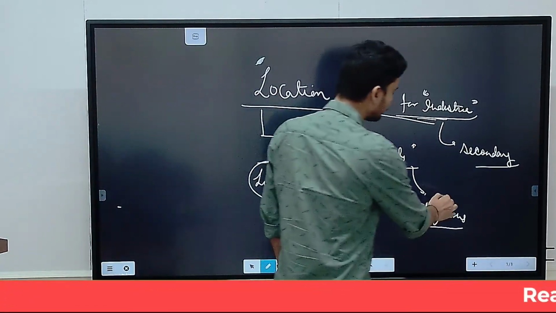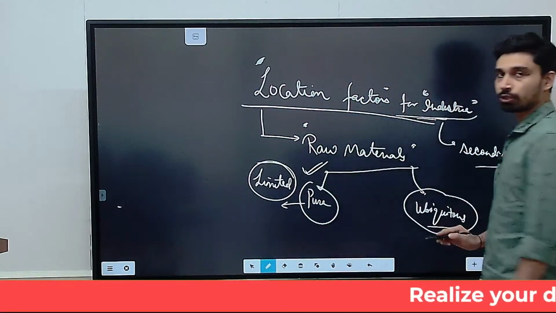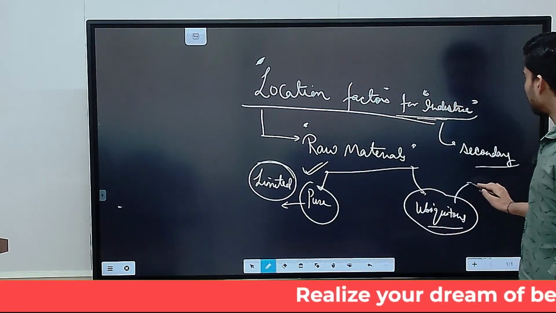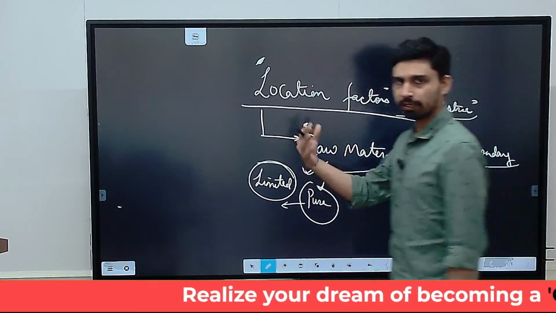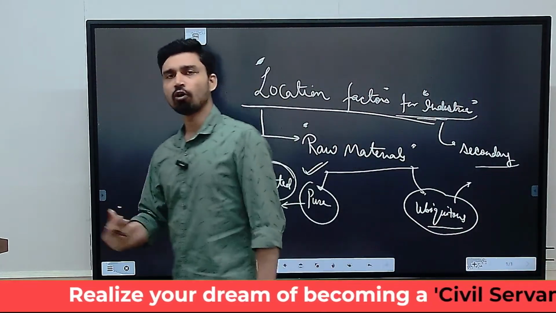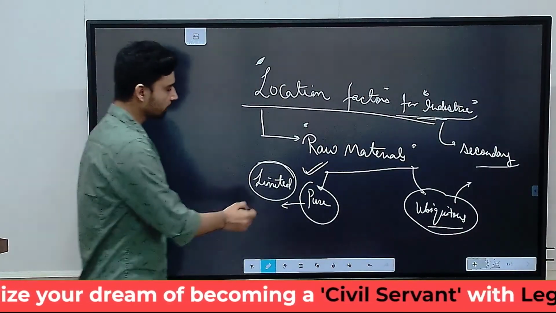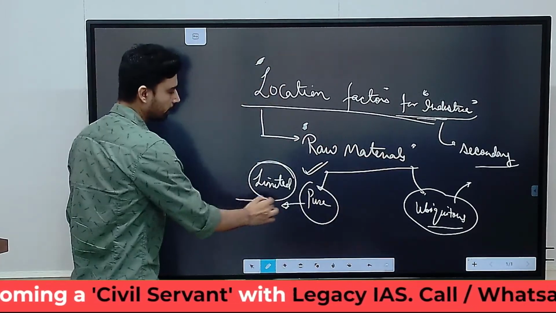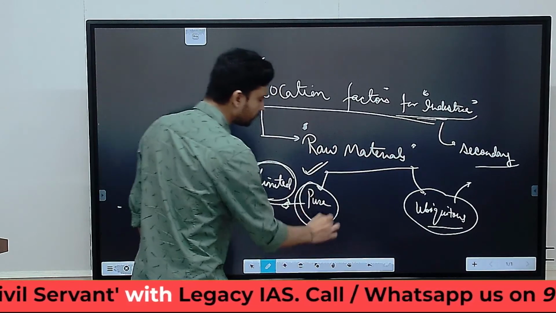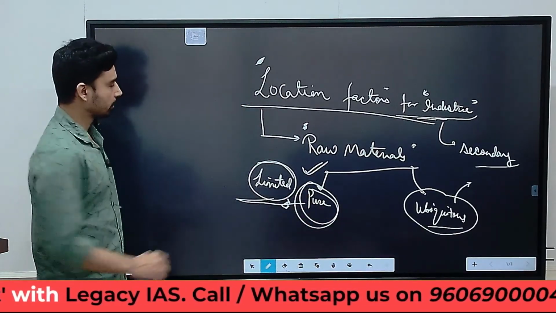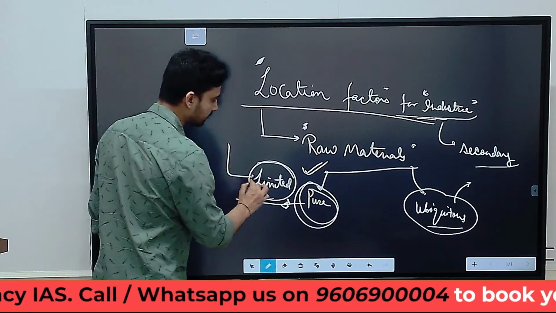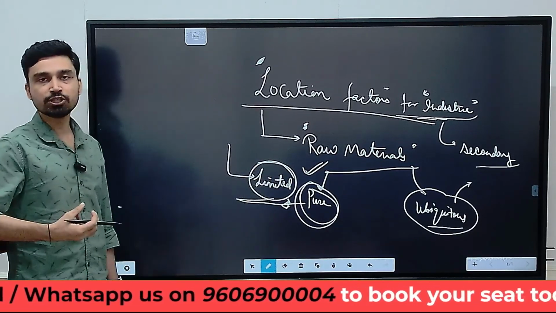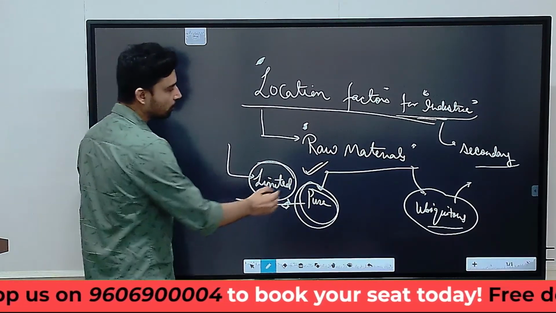On the other hand, ubiquitous raw materials are available over a large area. They are widespread, present almost everywhere. If industries use pure raw material, the most economic sense is to set up such industries in areas closer to the raw material.